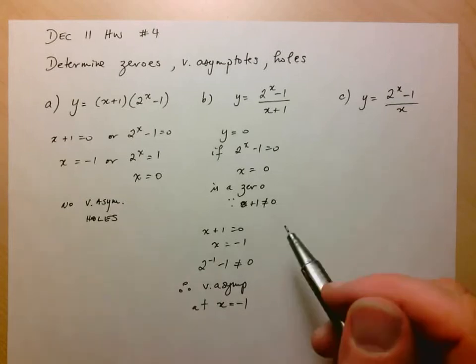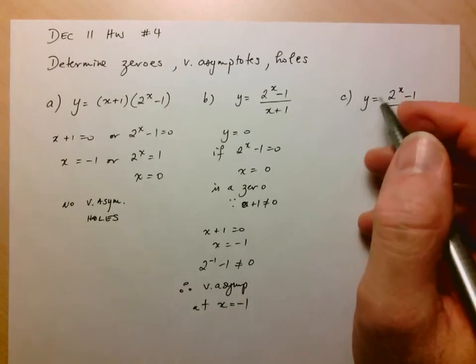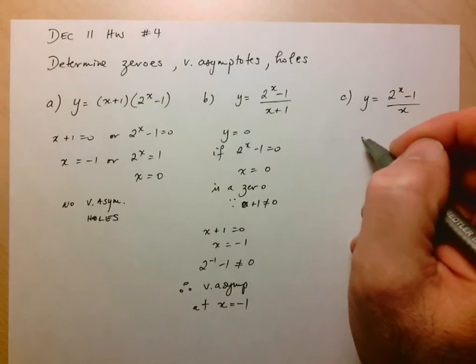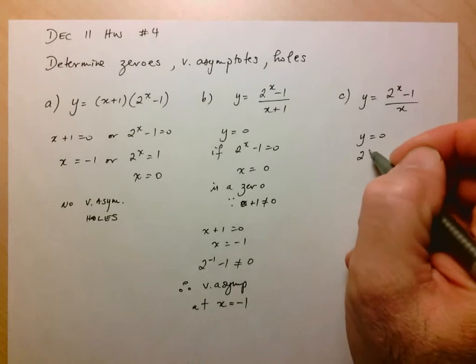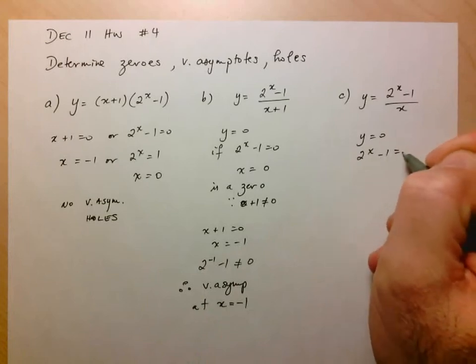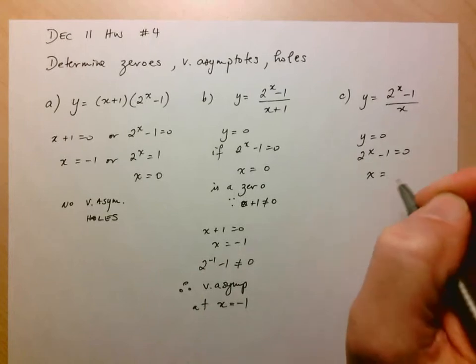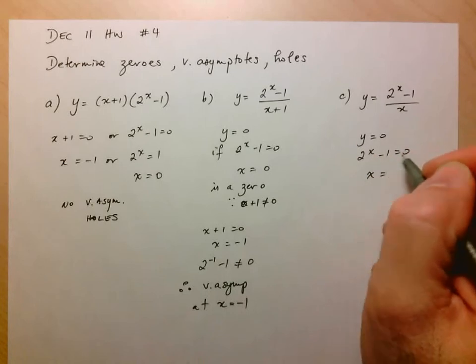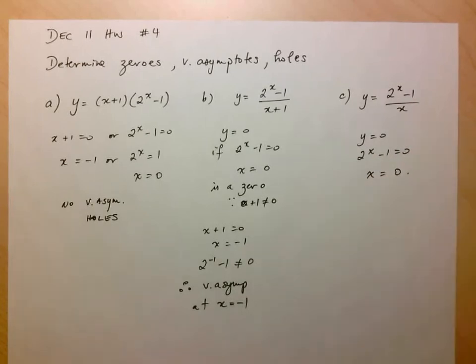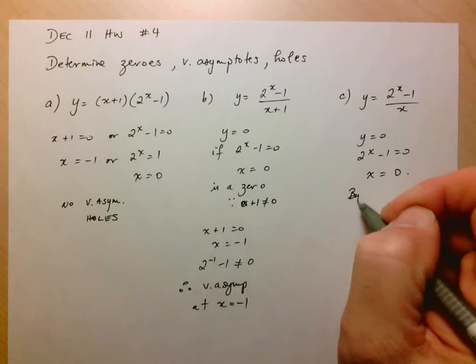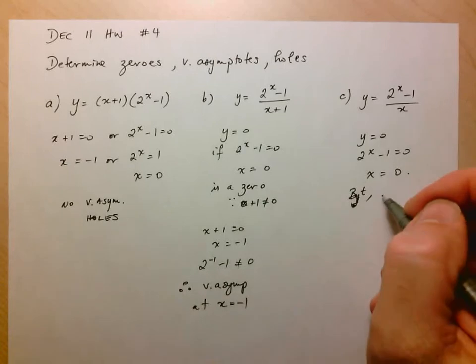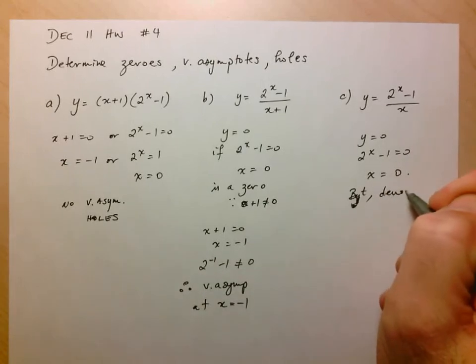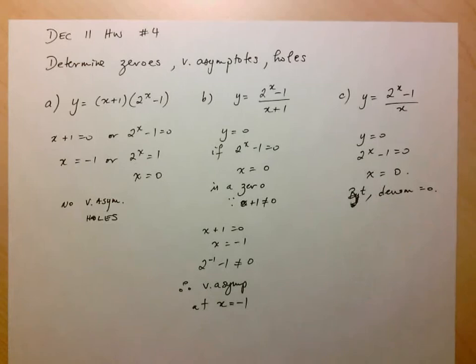So here I can already see what my issue is going to be, because when is y equal to 0? When the numerator is equal to 0, as before. So when x is equal to 0, 2 to the 0 is 1, minus 1 is 0. But the denominator is also equal to 0.